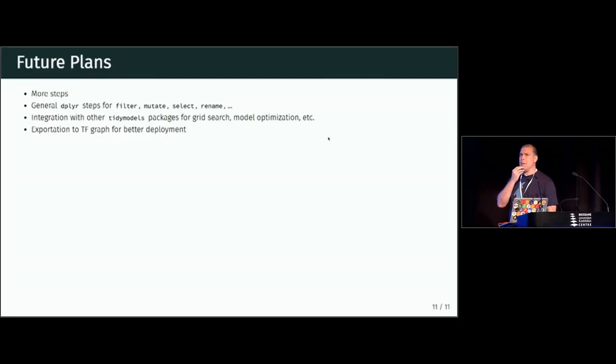But at the same time, my preference would be for models to have a formula interface and a non-formula interface and a recipes interface. But those first two don't even exist for many model functions, so there's a whole other manifesto we're writing about how you create a modeling package. So my intent would be to have, I'm also working on another package that basically can be used as a wrapper.